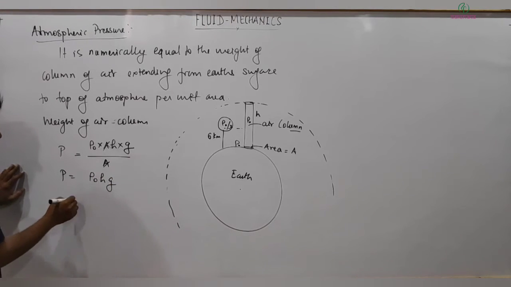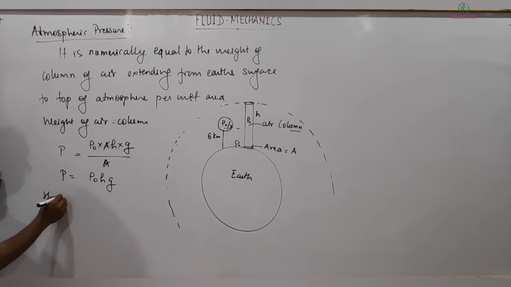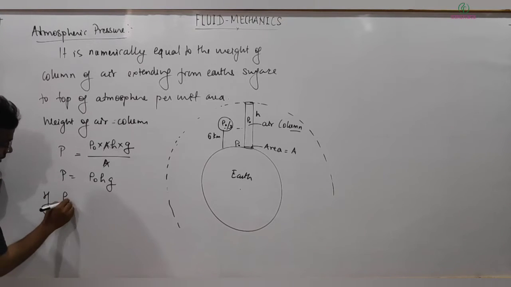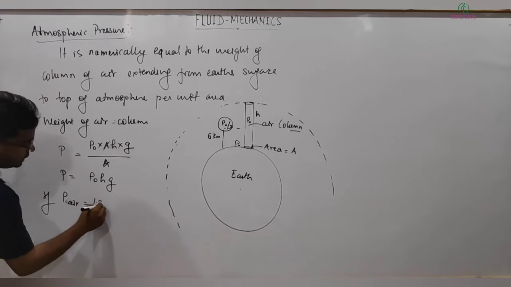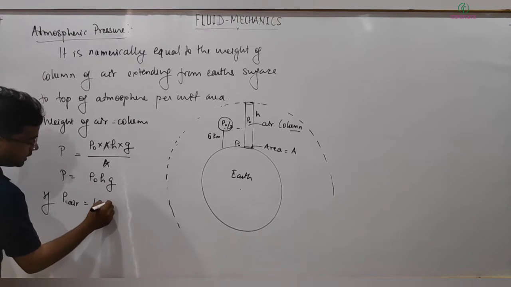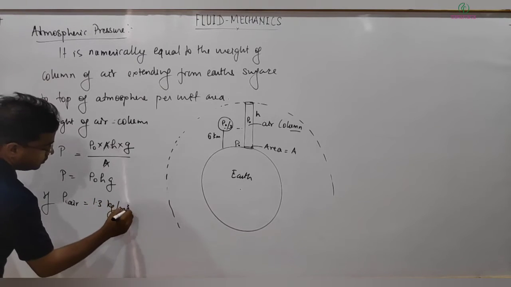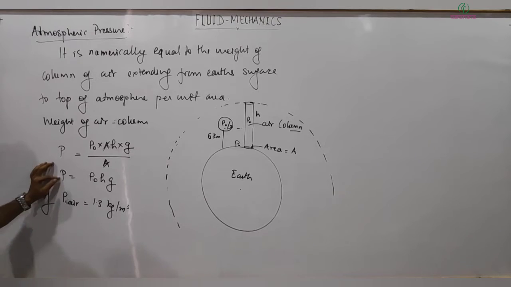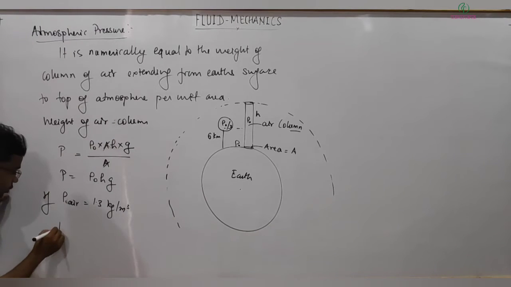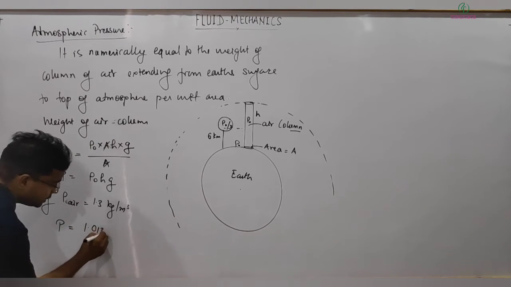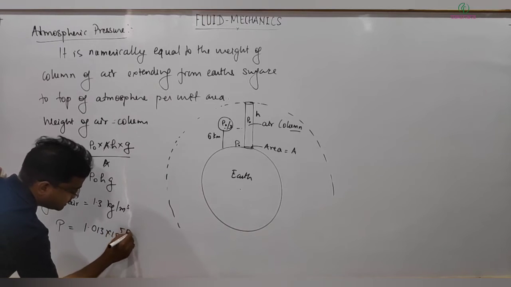And if we take rho naught, the atmospheric air density, as 1.3 kg per meter cube, and we know already the atmospheric pressure, the value of P comes out to be 1.013 into 10 to the power 5 Pascal.